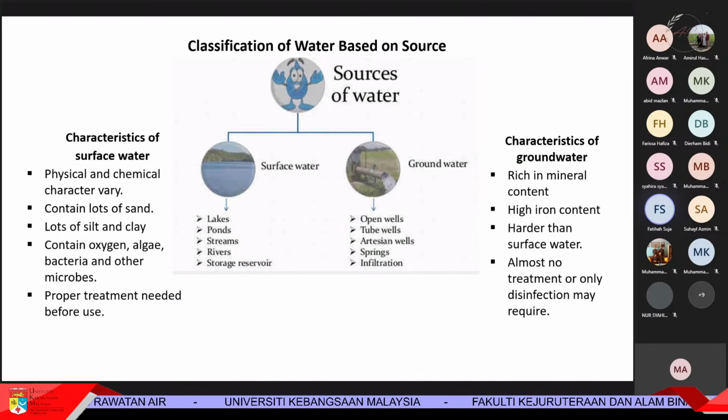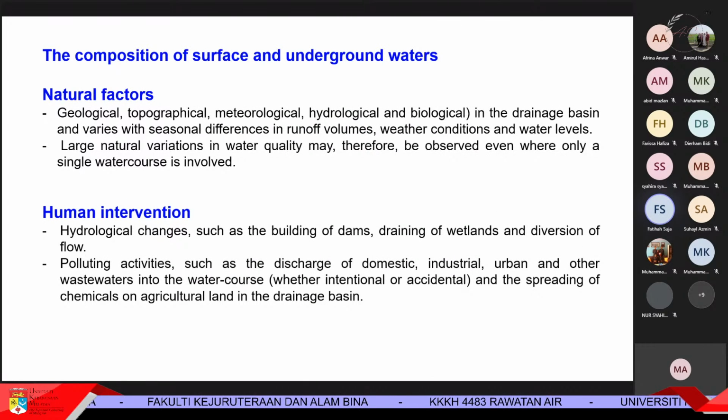Okay, the composition of surface and underground water. Actually the composition of surface and underground water is dependent on natural factors like geological, topographical, meteorological, hydrological, and biological factors in the drainage basin.